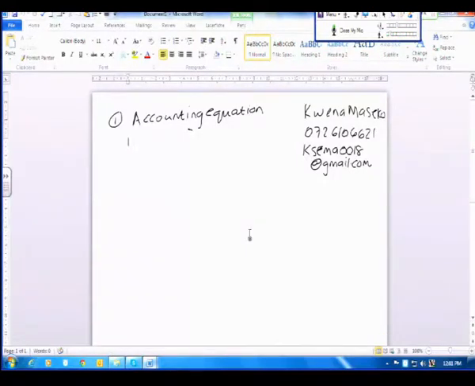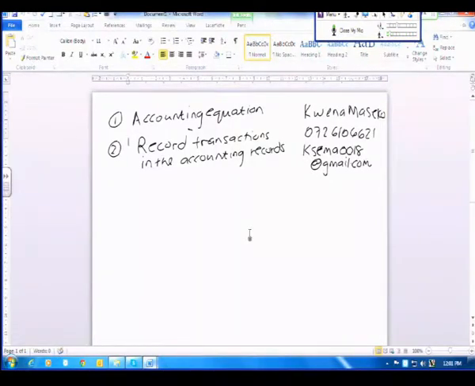We will also be learning about the subsidiary journal, in other words, processing transactions in the accounting records. So we're going to record transactions in the accounting records.